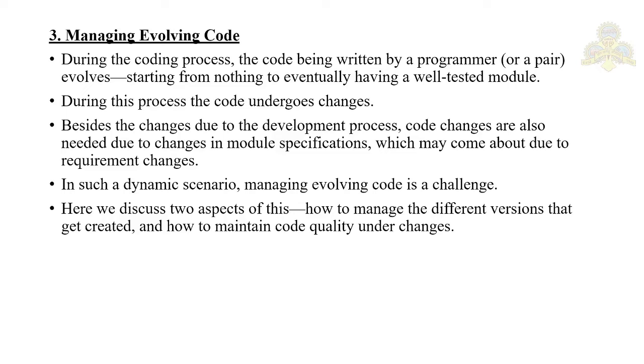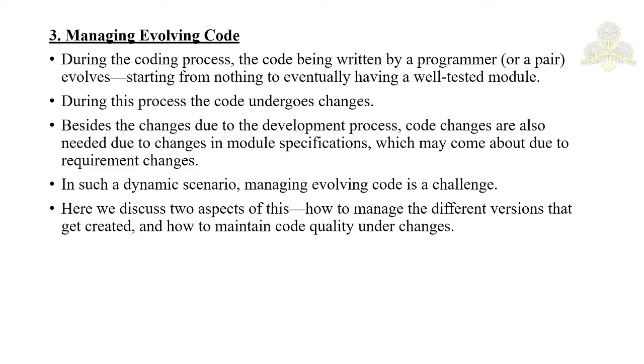During your coding process, the code is being written by the programmers or pairs of programmers. In the development process, it starts from nothing and gradually increases, so that at the end you will have a well tested module.